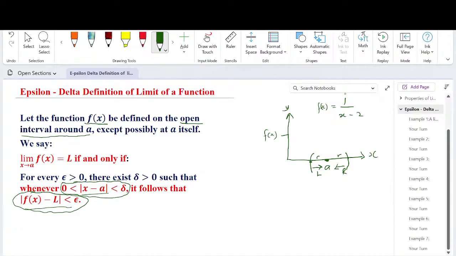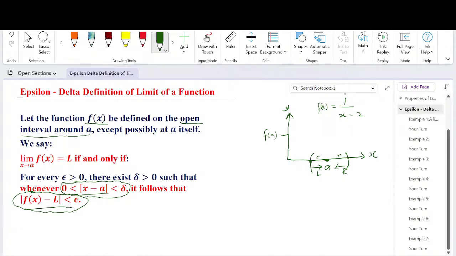The most important thing is that this function must be defined around this open interval, not necessarily at A. If it is defined at A, there's no problem, you can still get the limit. If the function is defined at a given point, then the limit and the value of that function at that point will be equal.